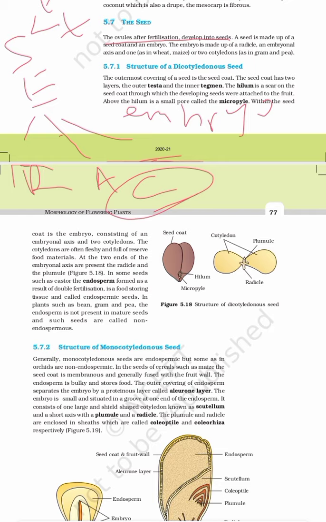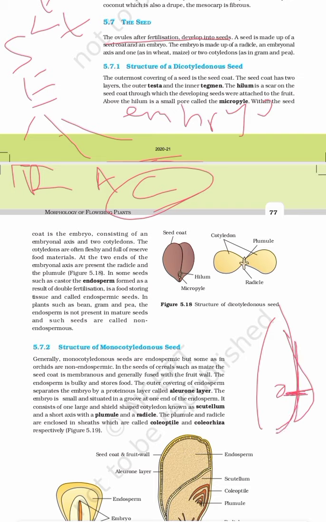Now let us move somewhat deeper inside the structure of a seed, right? A seed is attached to the fruit wall with a stalk called the funicle. For example, if I take a pea, the seed is attached to the fruit wall by some thick stalk.